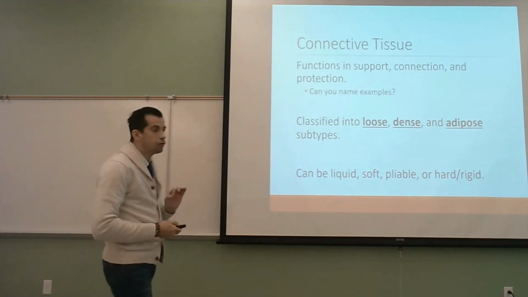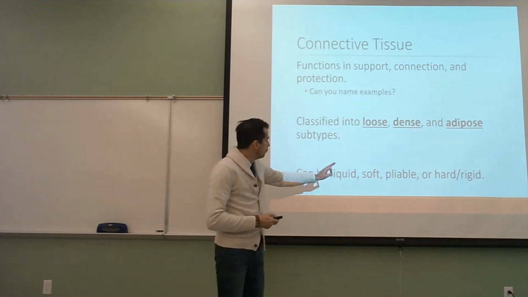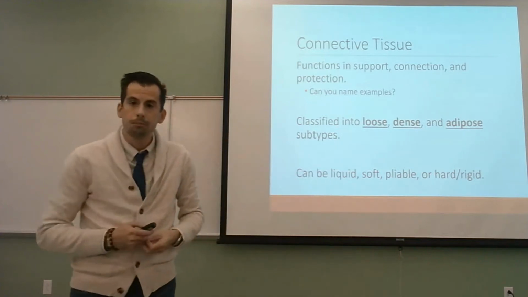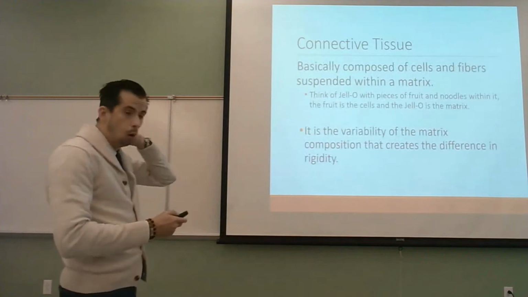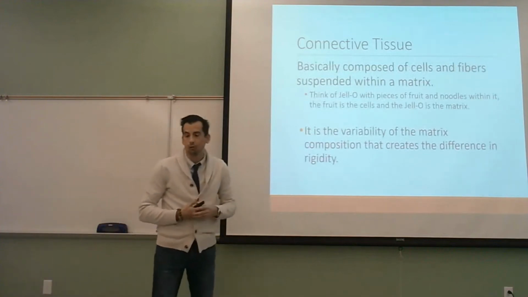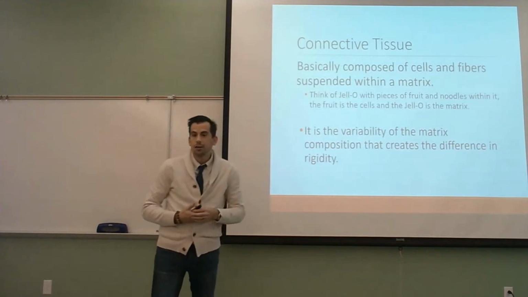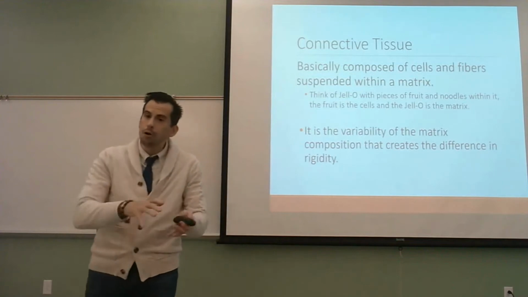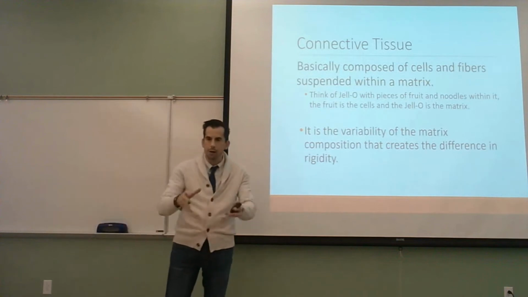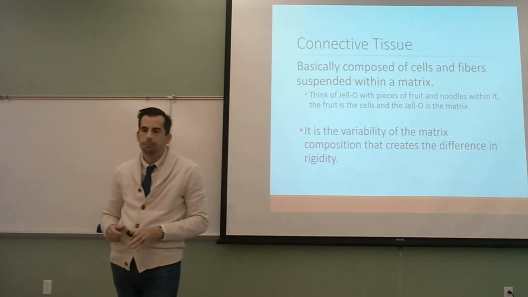Now, it is going to be that matrix that will give the vast physical characteristics to these types of tissues. I like to look at an old analogy I've been using for a while of a 1970s Jell-O dessert. You would see them make Jell-O and put it in this bunt pan till it firms up, and you tip it upside down, and you get this Jell-O mold.